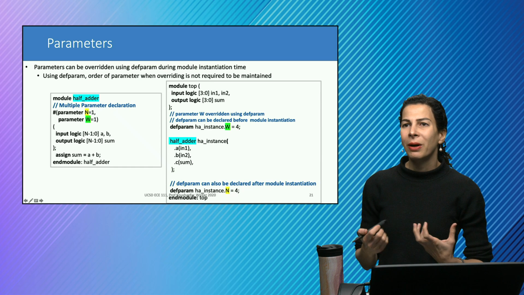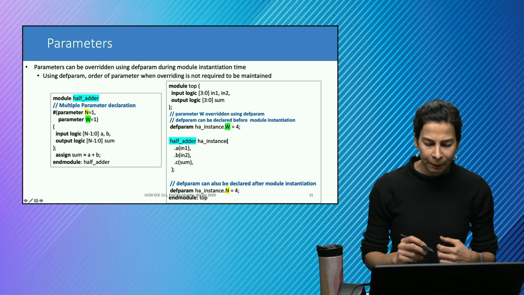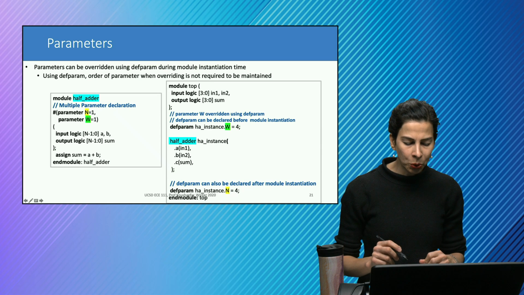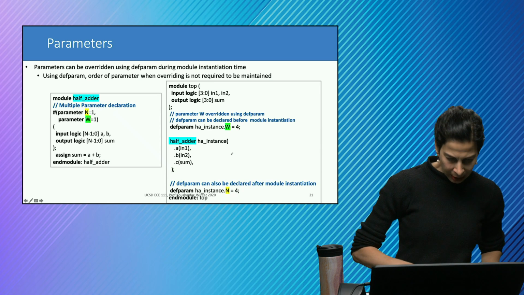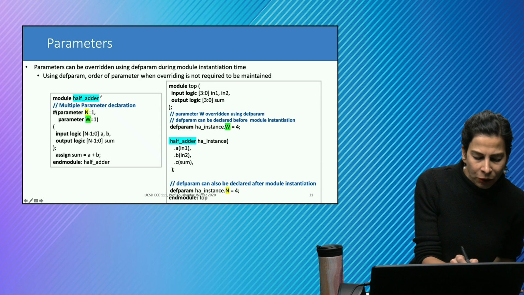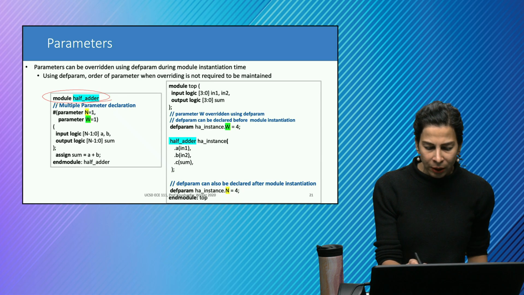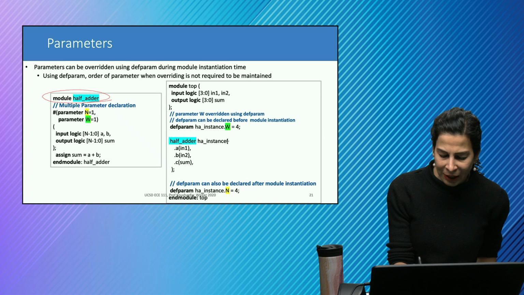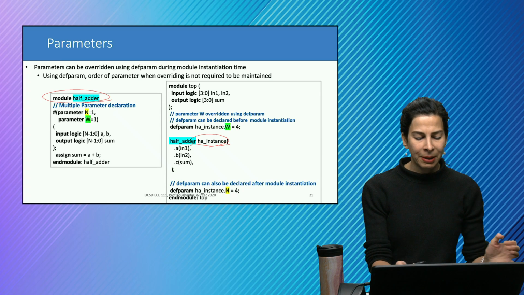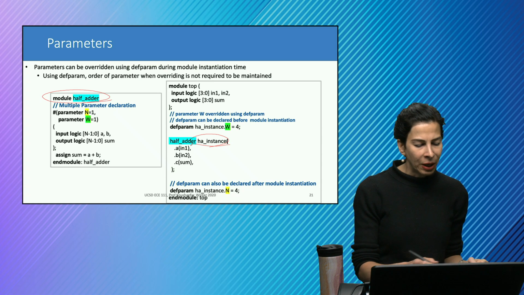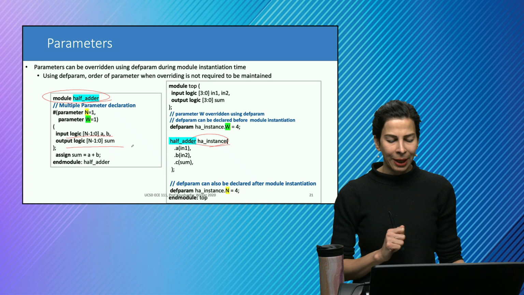And now the defparam that I'm showing here in the top module is going to create a half adder instance. So let me just go quickly here. We have a module half adder, and here we have a module instantiation, half adder instance, which is basically making an instance of the half adder with the input and output logic that we had earlier.